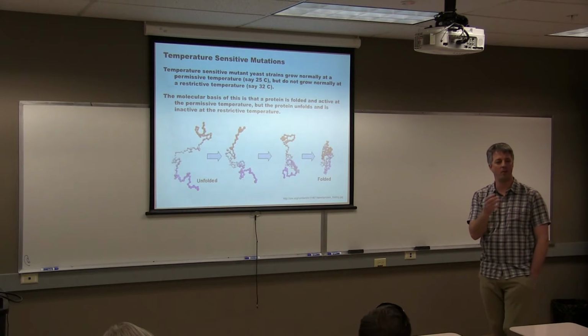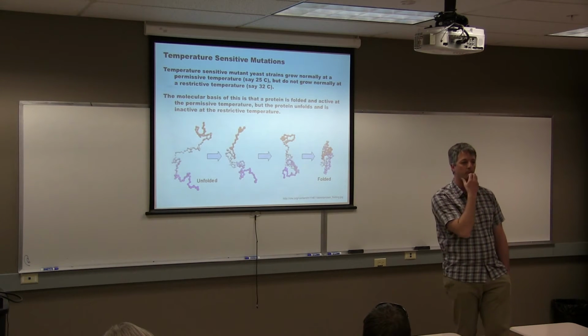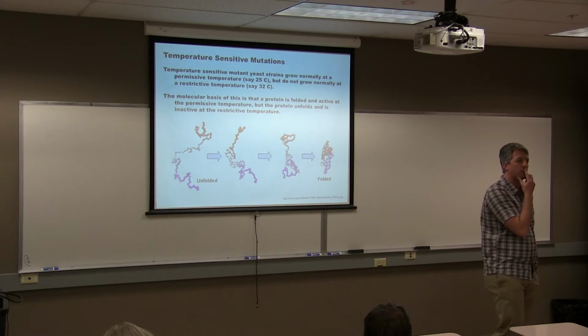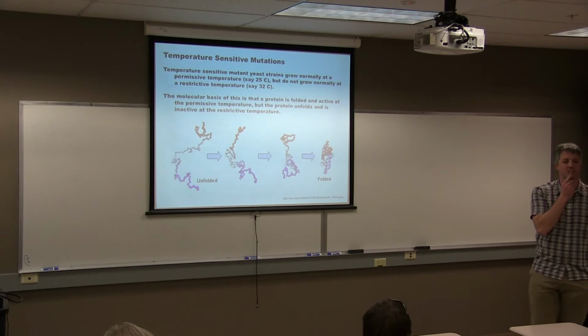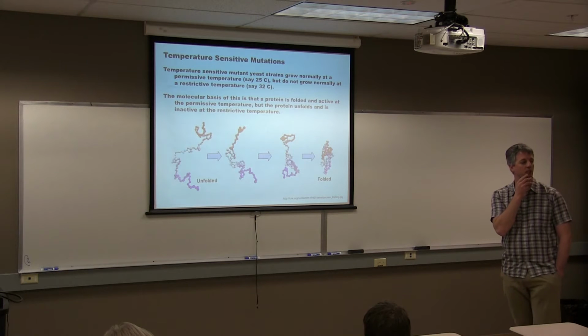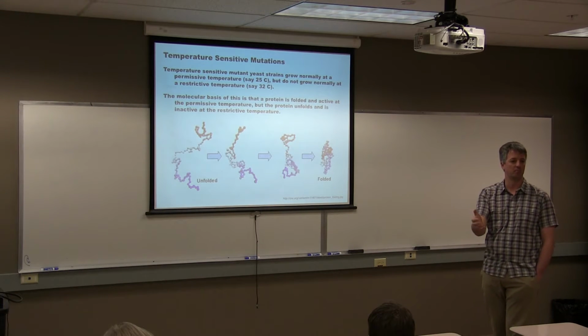Now, how might you go about experimentally determining that, if that was your hypothesis? So this would be your classic suppressor mutation, or suppressor: how could you suppress the original phenotype, okay?